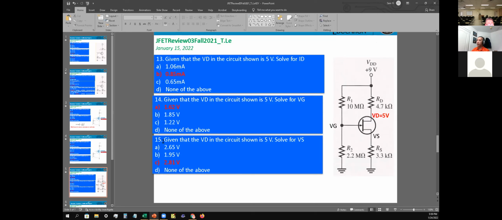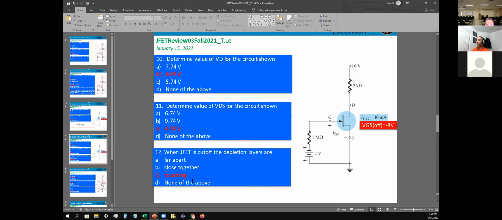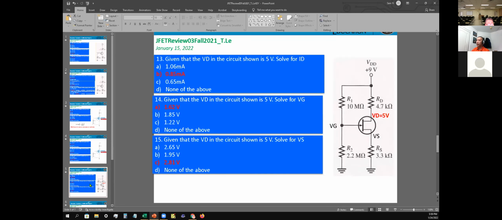Okay, number 15, given the VD in the circuit shown is 5 volts, solve for VS. So we're going to be using the same current that we used earlier, the ID from the previous step.